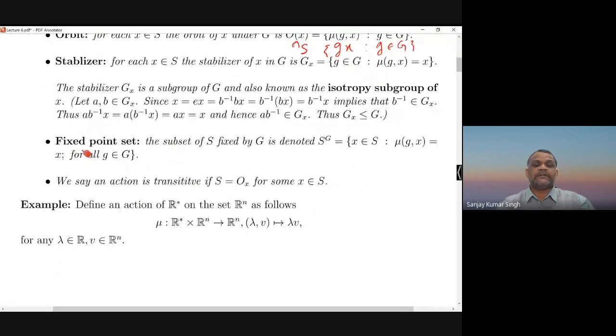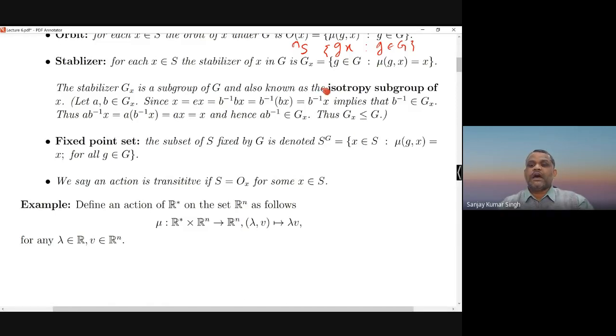Now another set I am defining is called the fixed point set. It is the subset of S which is fixed by the group G. It means all elements in the set capital S such that mu(g, x) is equal to x for every g. So all elements x which are fixed by all elements of G are called fixed points. And it is very easy to check that if I pick any element in this set, the orbit will be a singleton.